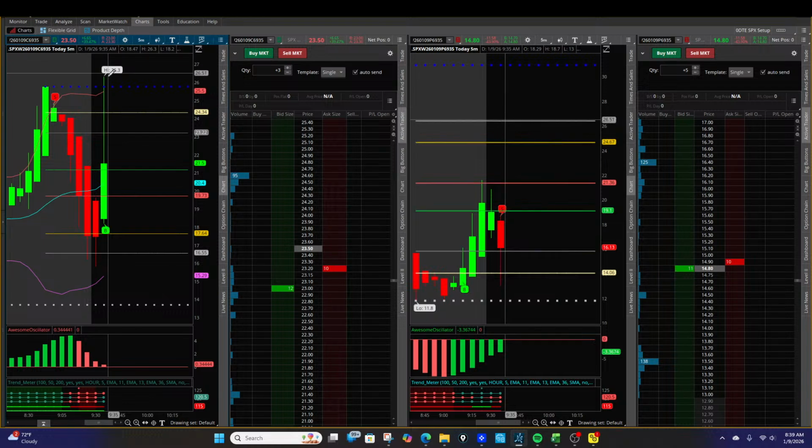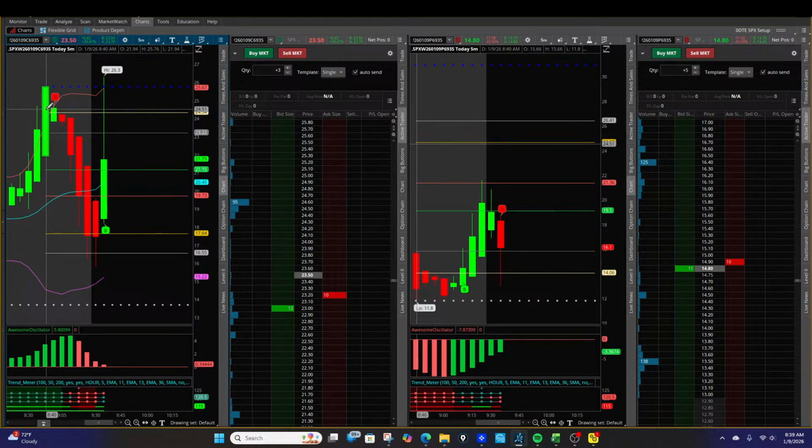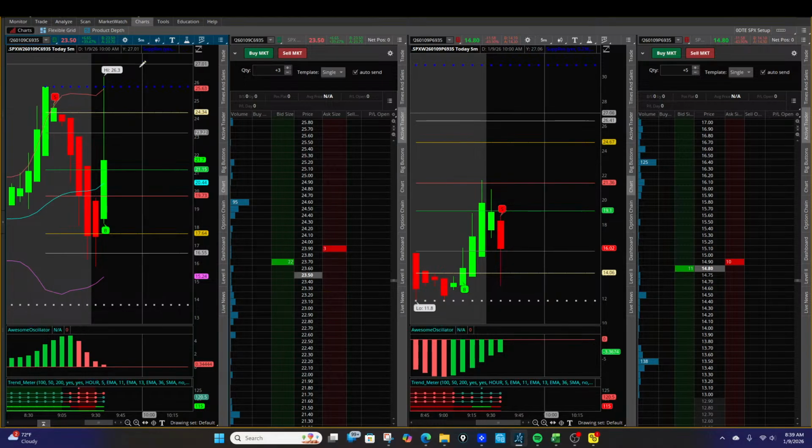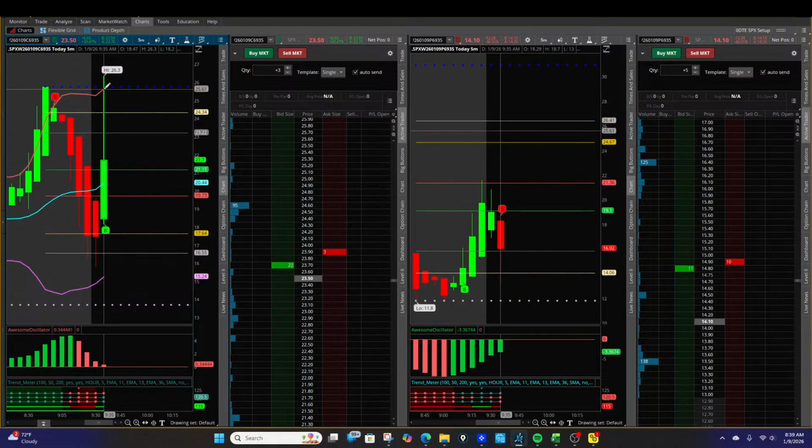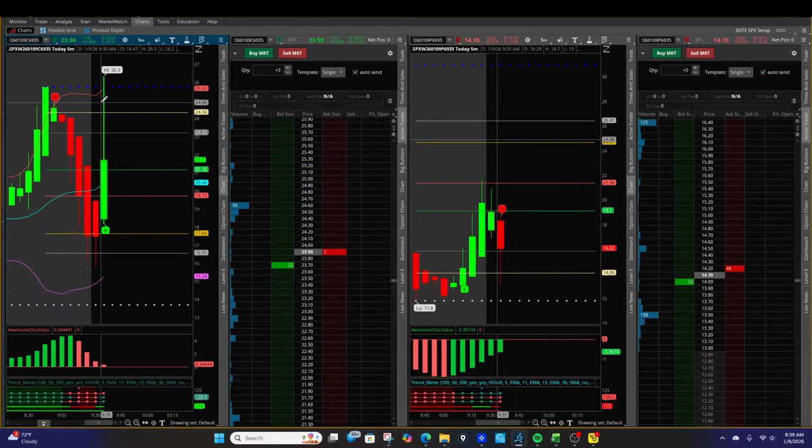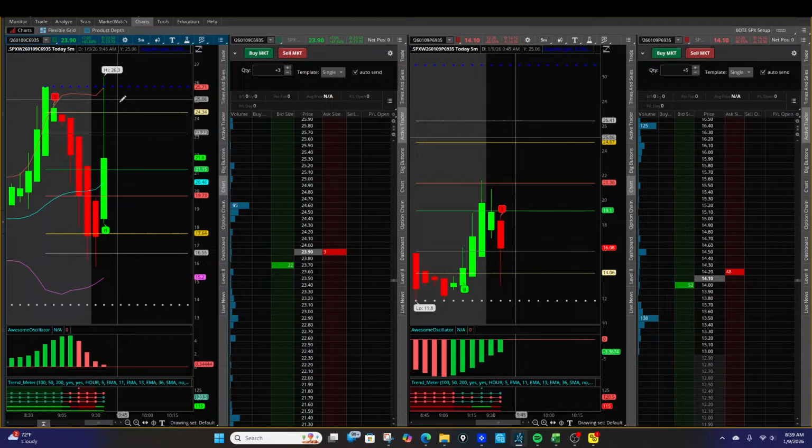But the overnight high was around, let's see, 25.76. And it hit 26.30 and came back down. So this might be a case where the overnight high is a resistance line and it's going to bounce back down. So if that's the case, we'll just wait for the pullback and another buy signal.